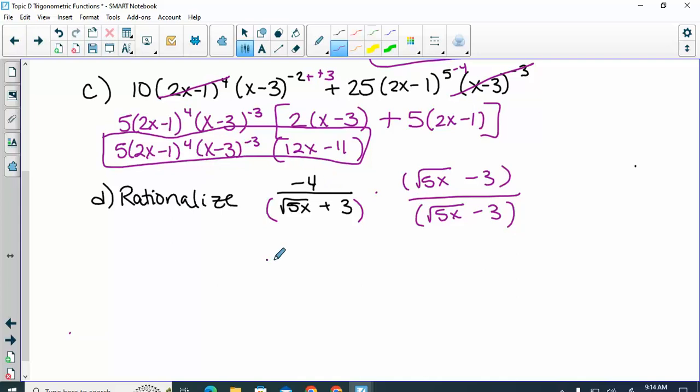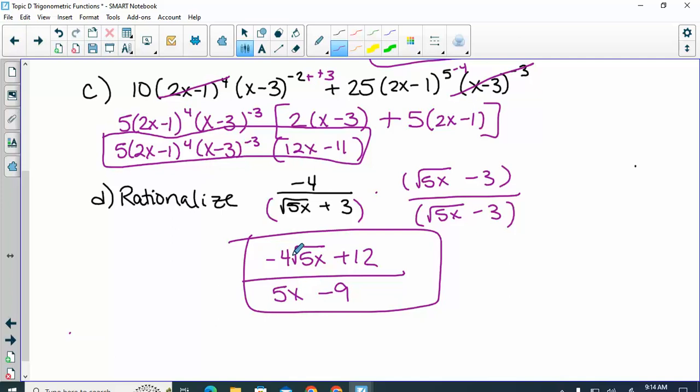So on the top, we distribute the -4, so we get -4 radical 5x plus 12. On the bottom, if we FOIL, radical 5x times radical 5x is a 5x. Outside and inside cancel because they're conjugates. 3 times -3 is -9. So that is my final answer.